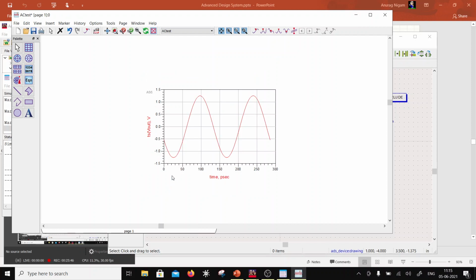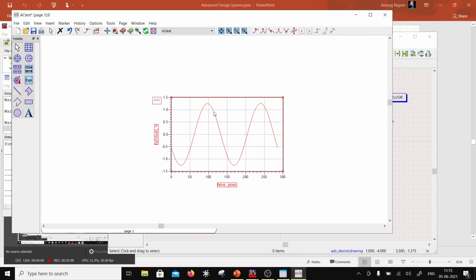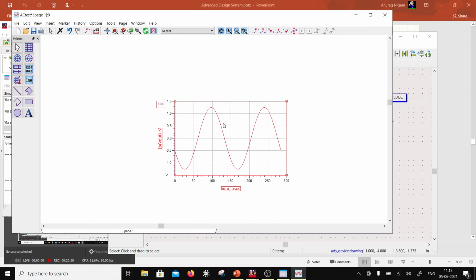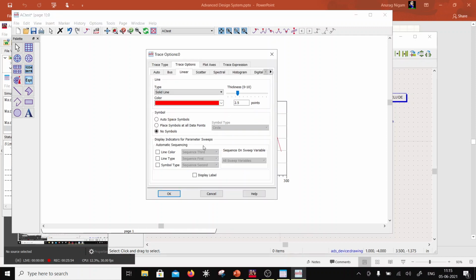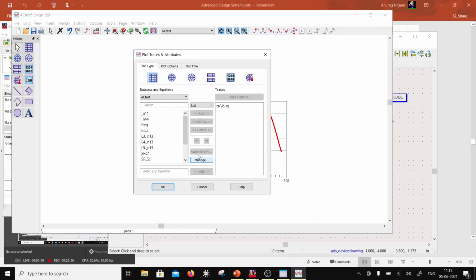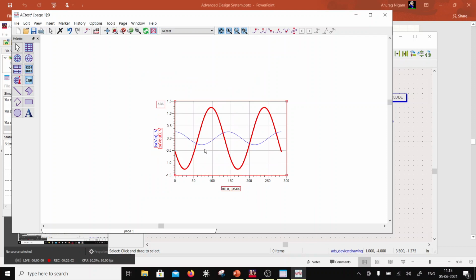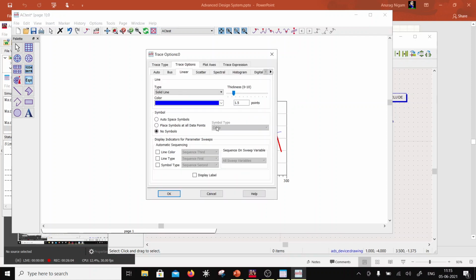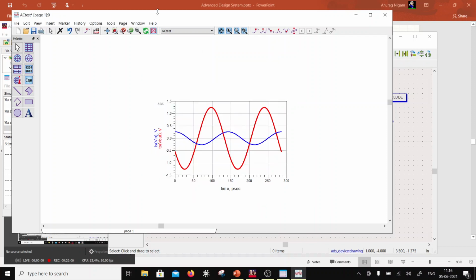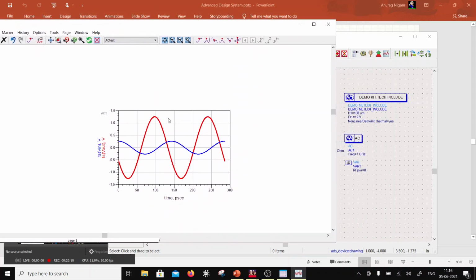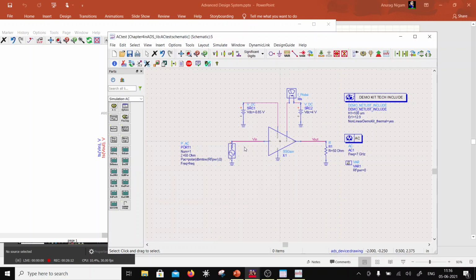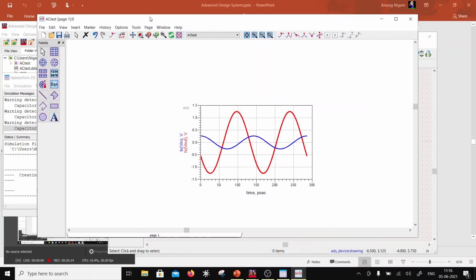So that's my output voltage, right? And then the corresponding V in is over here, correct? Now I want to see what happens when I hit it with more power. The transistor is linearized, but let me see what happened with power.